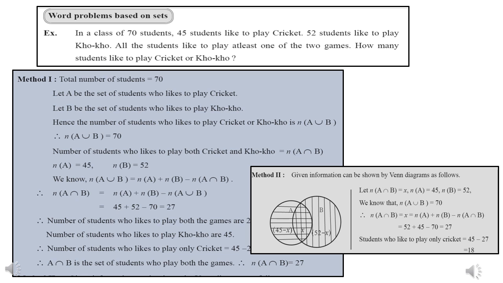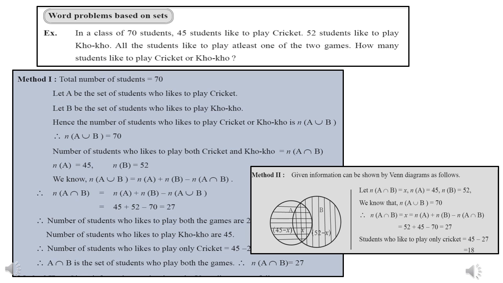They are not asking for both. They are asking us for either cricket or Kho-Kho, so only cricket or only Kho-Kho. That is why we first found out how many like to play both. Then we subtract that number from the number of students who play cricket. So I get the number of students who play only cricket as 18.